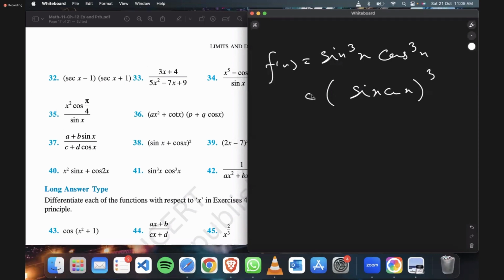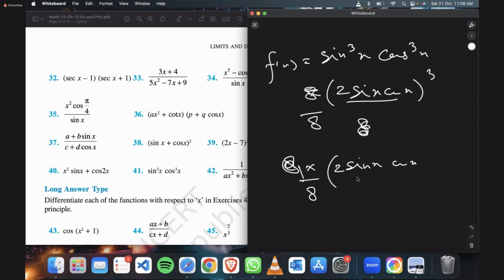Okay, 8 into sin x cos x. Bring this 8 here and bring this 2 inside. 2 sin x cos x whole cube. So 1 by 8 (sin 2x) whole cube, right?